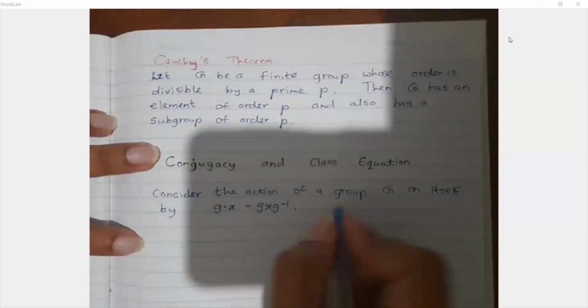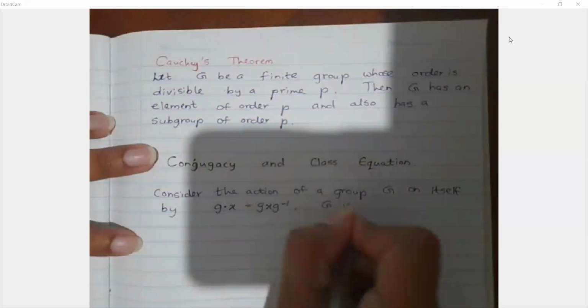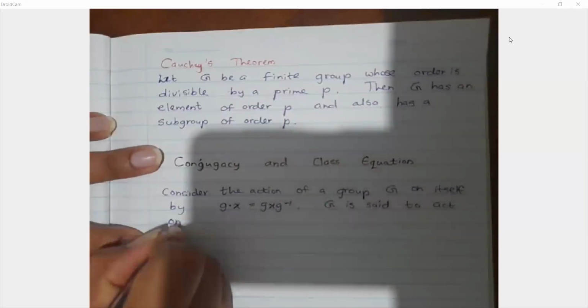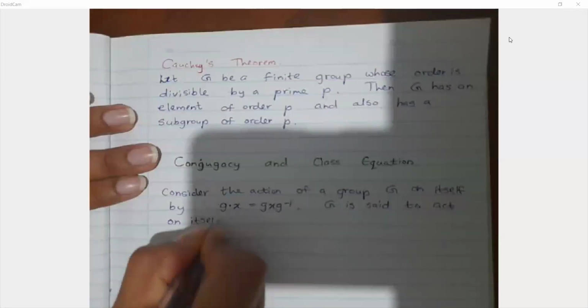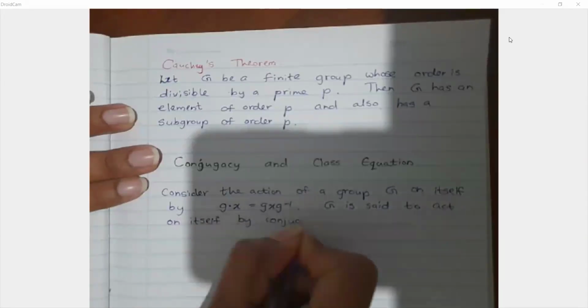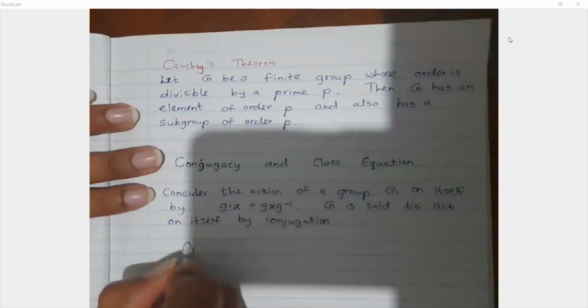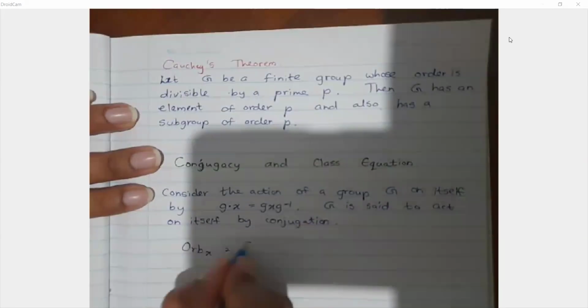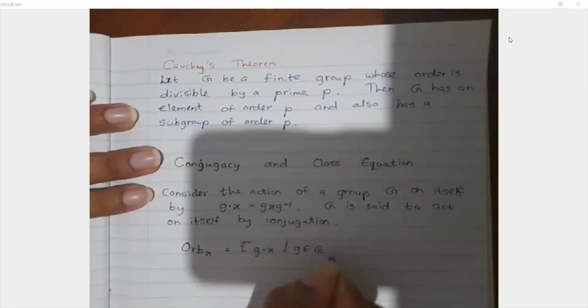Now we define the orbit of x where x is any element in G. By definition of an orbit, this is g dot x for every g that you take from the group.